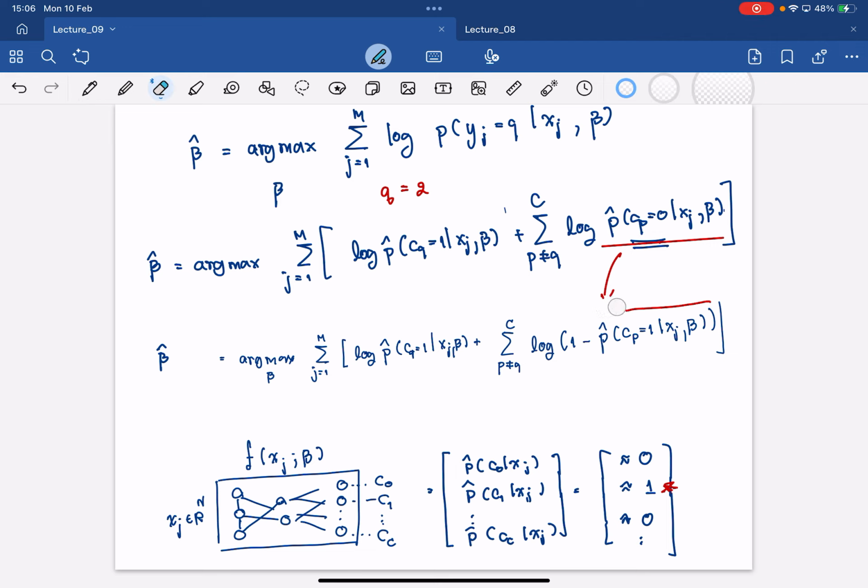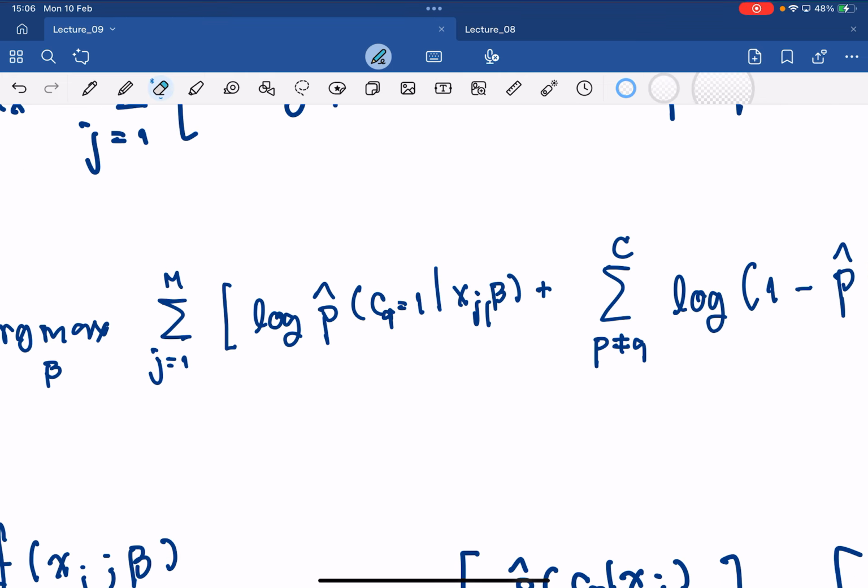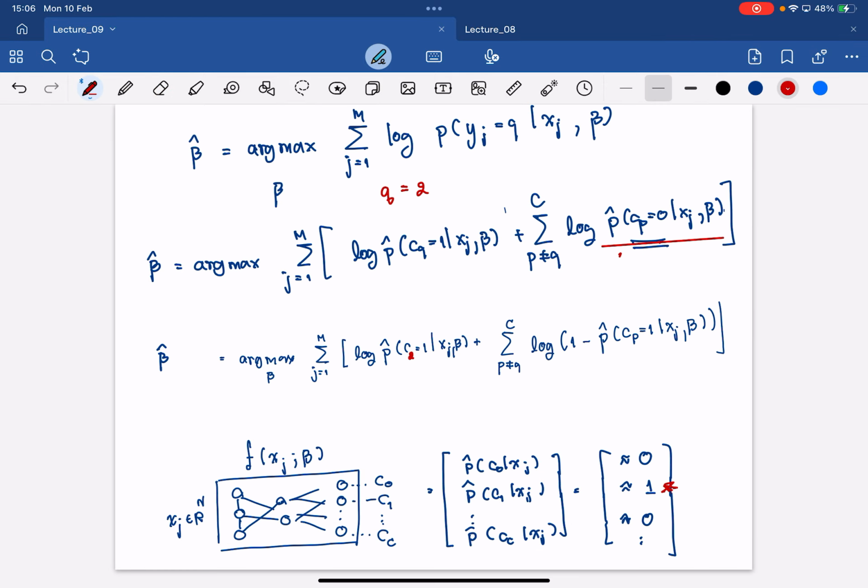So if this is 2, suppose that the correct class is class 2, this will be log of a value close to 1, and the rest will be log of a value close to 0.